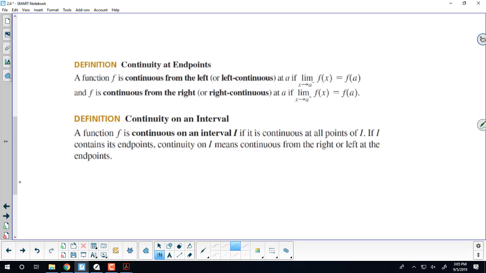A function is continuous from the left, or left continuous, whatever you want to use, at A if the limit as x approaches A from the left is equal to the function value at A. So that's the definition of continuity right there, modified with a one-sided limit.